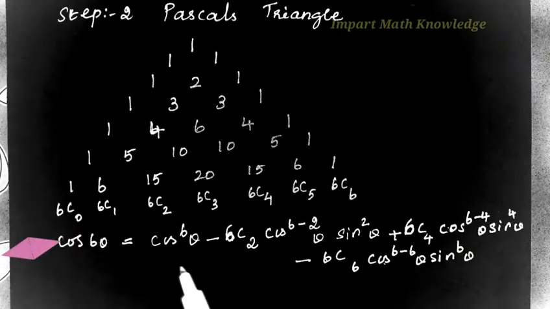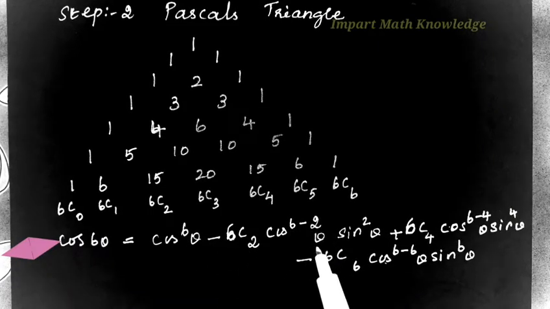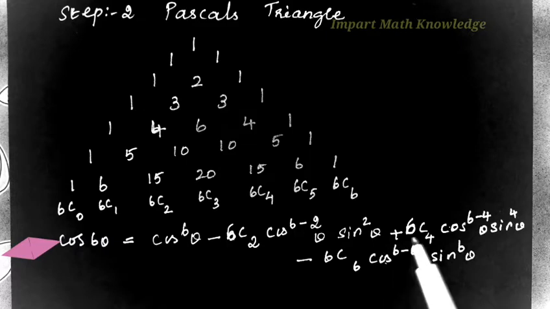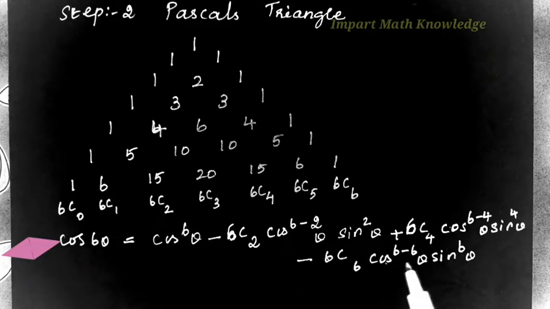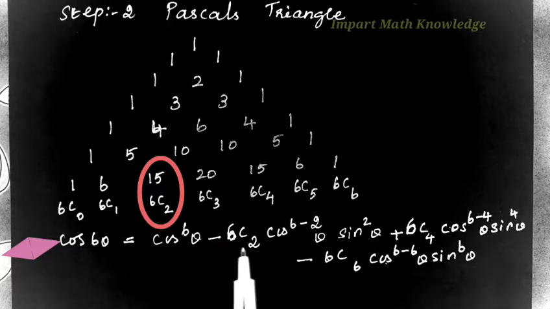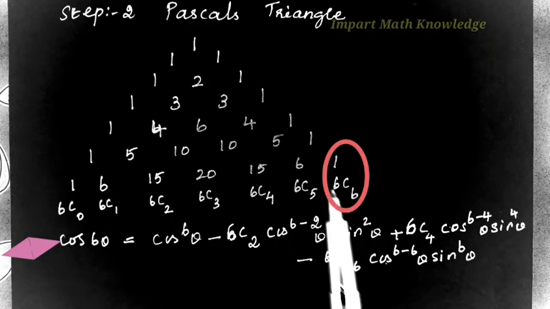Cos 6 theta is cos power 6 theta minus 6c2 cos power 6 minus 2 theta sin square theta plus 6c4 cos power 6 minus 4 theta sin power 4 theta minus 6c6 cos power 6 minus 6 theta sin power 6 theta. Here 6c2 value is 15, 6c4 value is 15 and 6c6 is 1.